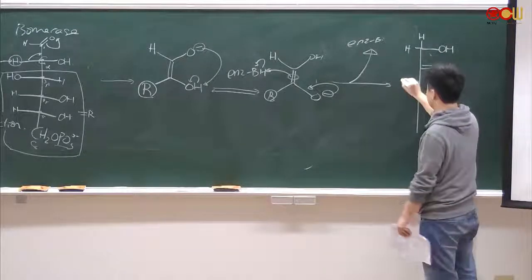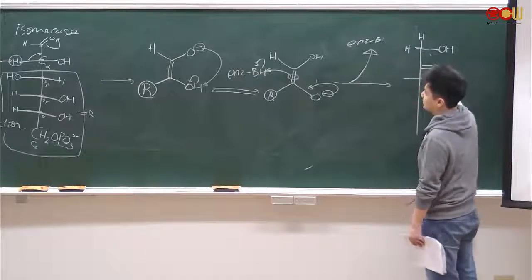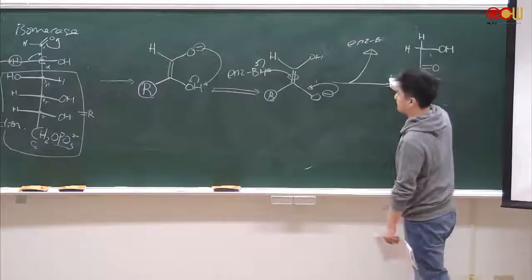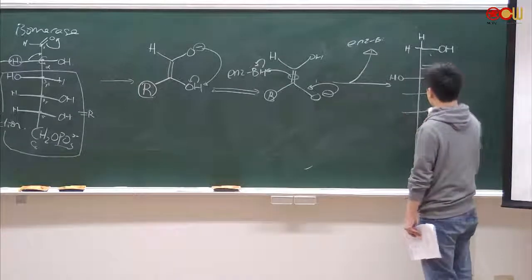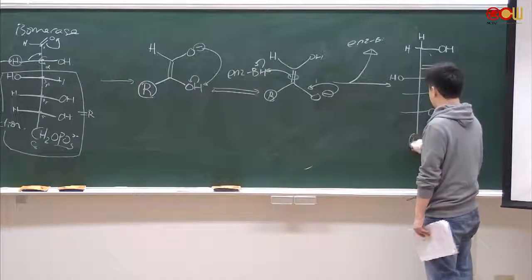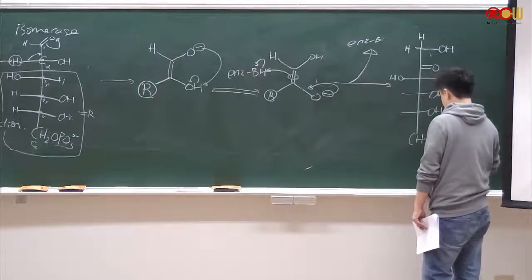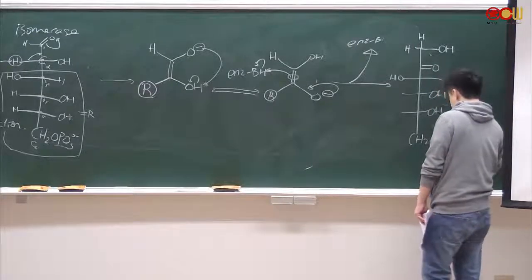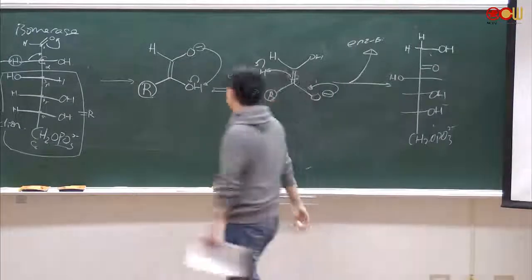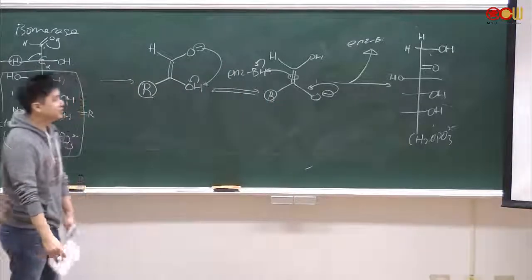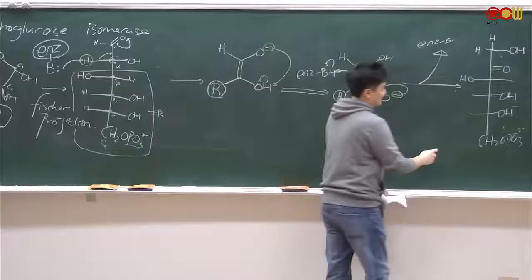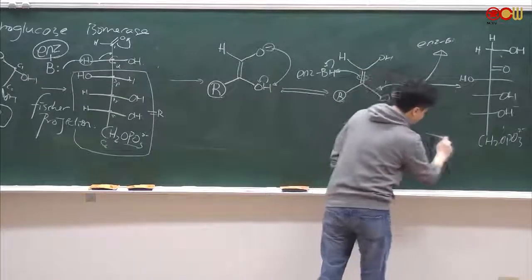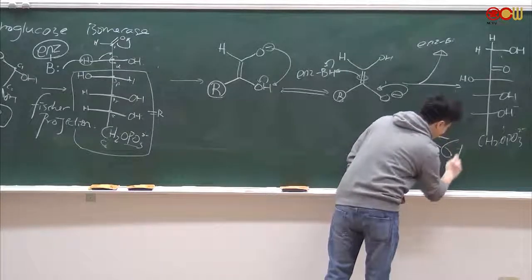You have a carbonyl, and then the rest are going to be the same. So you turn an aldehyde to a ketone. All right. This thing is fructose 6-phosphate.